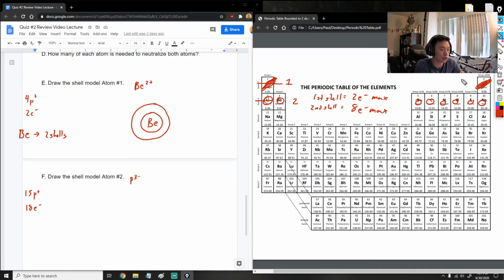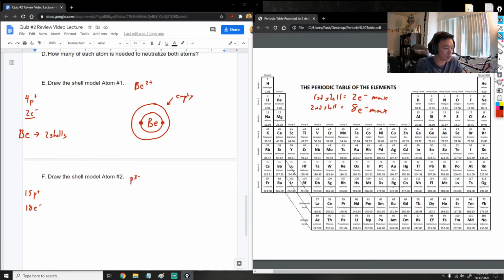And so we're going to draw the electrons into the shells, starting from the inside out. Be has 2 electrons, and the first shell can hold 2 electrons max. So we're going to draw 1, 2 electrons. But the problem is we ran out of electrons, and if you look at this second shell, it's completely empty.